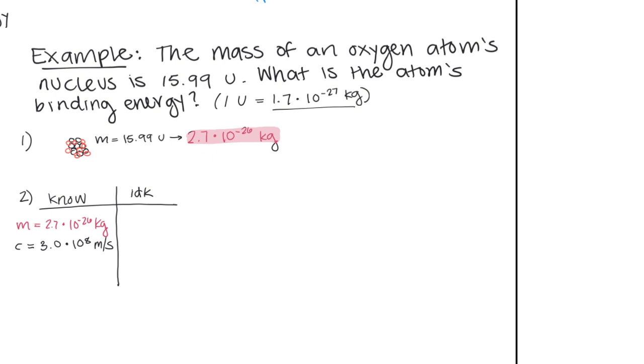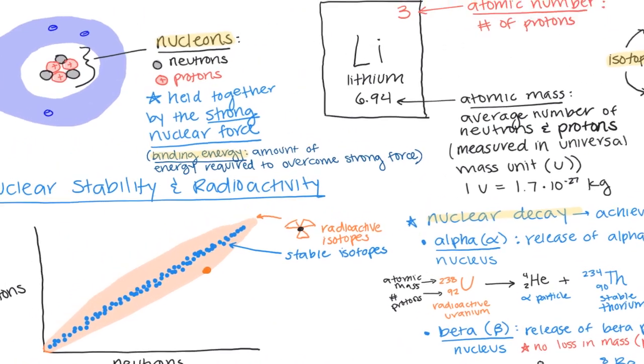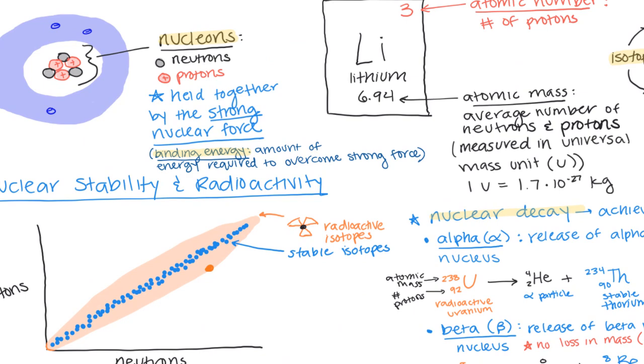Now, the last thing we need to figure out is what we are solving for. So this problem asks at the end, what is the atom's binding energy? So if we recall from the beginning of this video, our definition of the binding energy is the amount of energy required to overcome the strong force that holds the nucleons together in the nucleus.